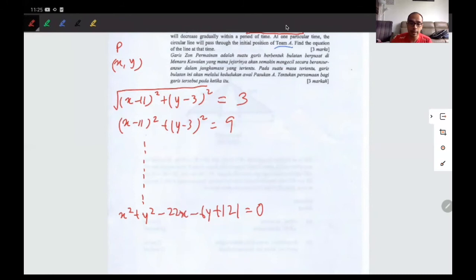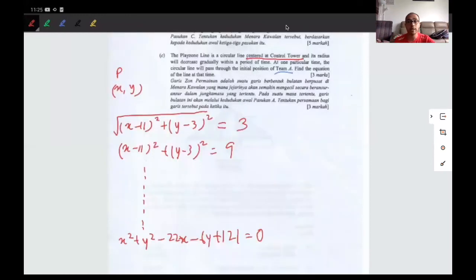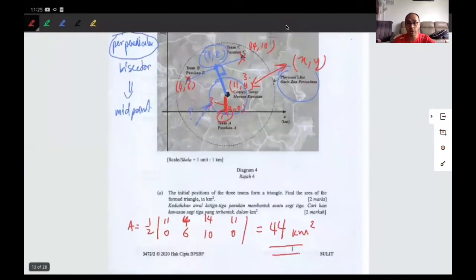In terms of working, B probably has the most complicated working, because it has many steps. There are many layers to this question. C is actually a locus question that is a bit odd. A is the easiest question of the lot.